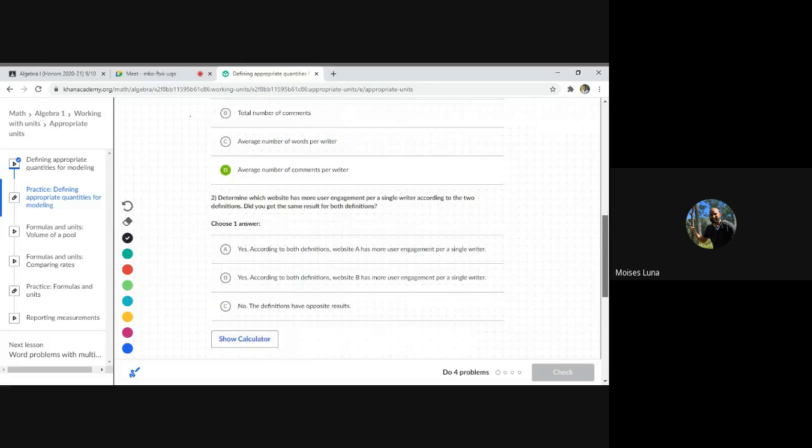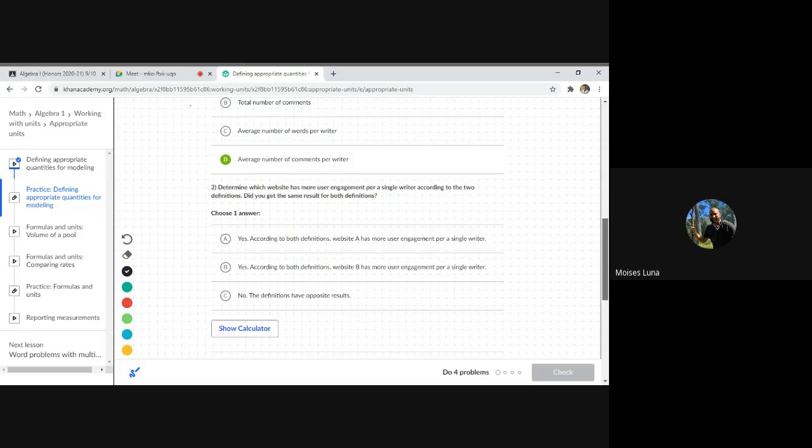If both of website A's numbers are bigger, then you can choose the answer that website A has more engagement. Or if it's B, then website B has more engagement.